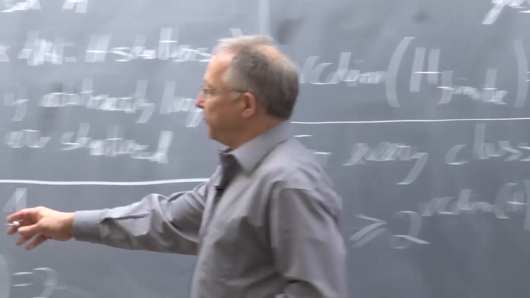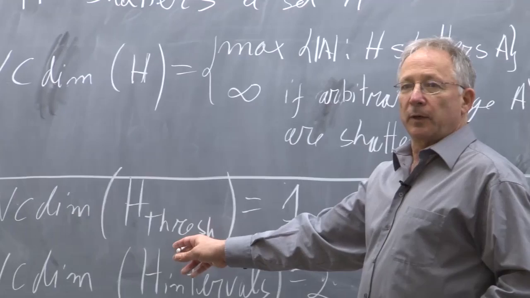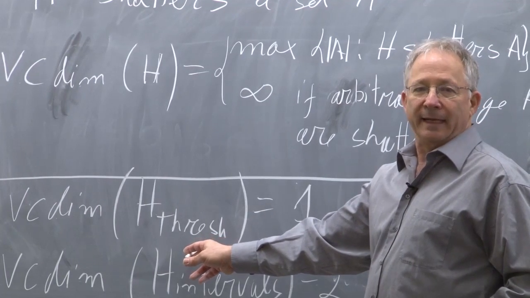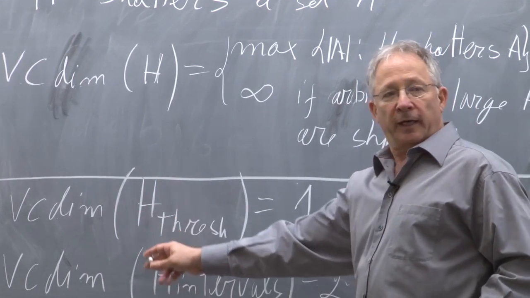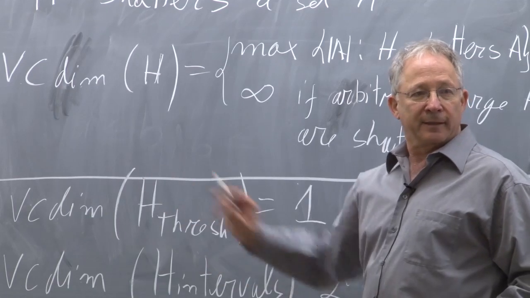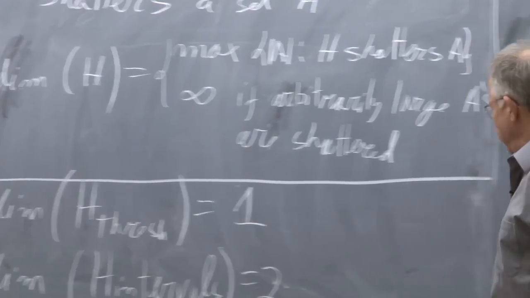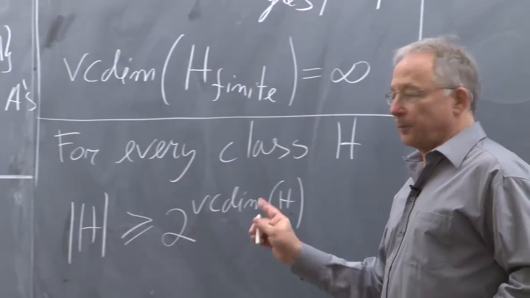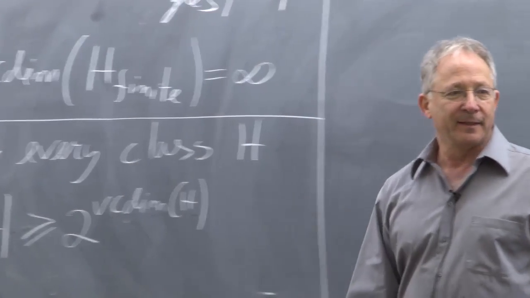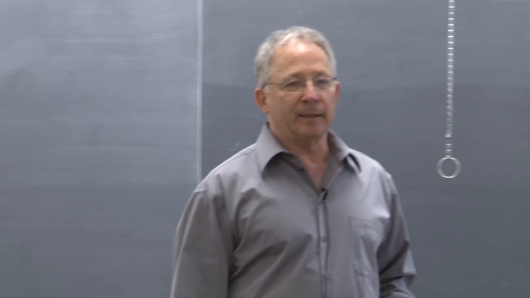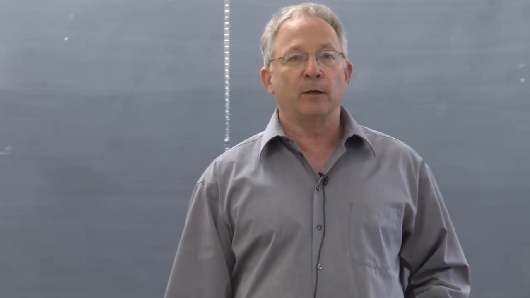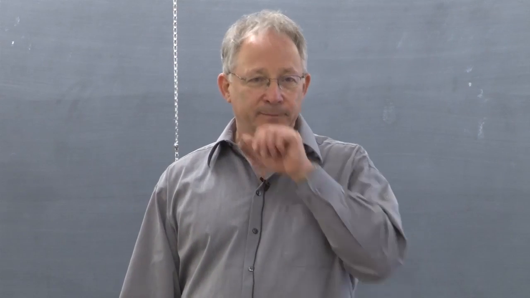What is the size of H thresholds? We look at all thresholds on the real line. The size of H is infinity. The VC dimension is only 1. And infinity is more than 2 to the power 1. So clearly, this inequality is not tight.